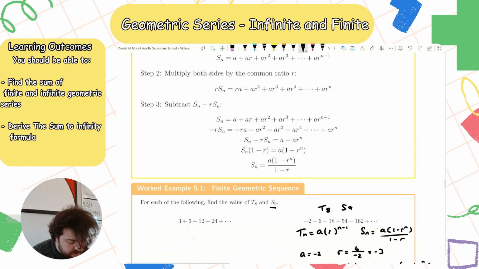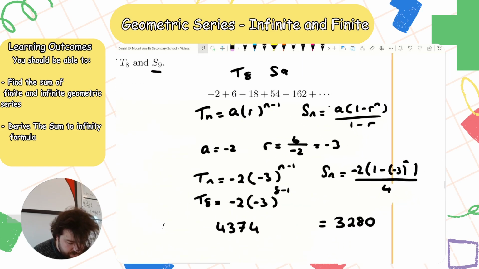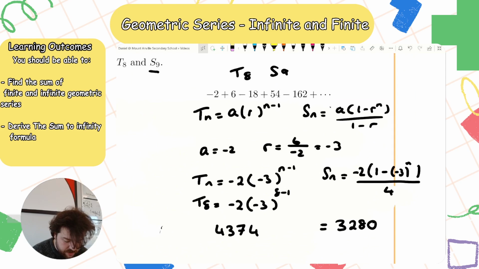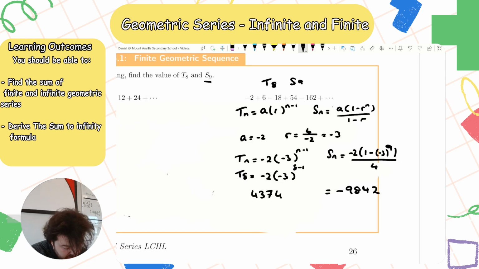Sorry, looking for S9. I do apologize. S9. The power of 9 here. That's actually going to be minus 9,842. So the sum of the first 9 terms is minus 9,842. And then the 8th term is 4,374.